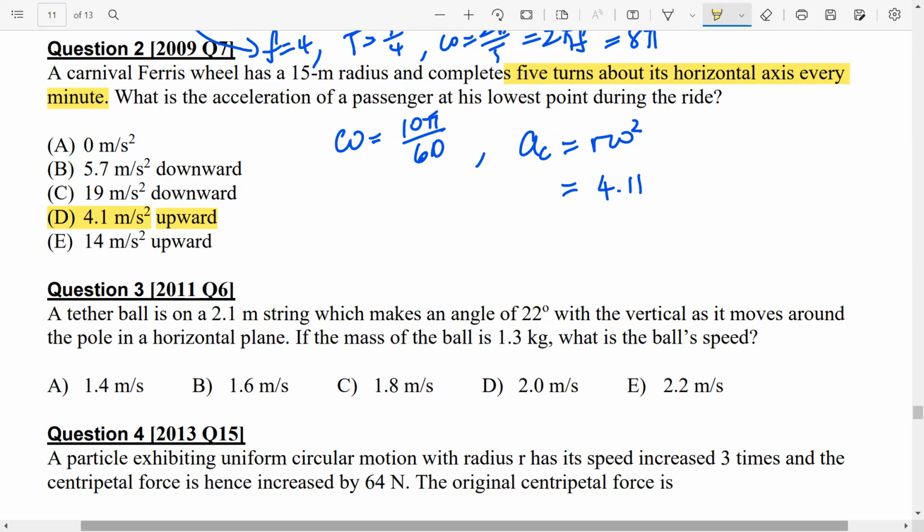This is a uniform circular motion, so we don't really need to consider much. So you just take r omega squared, pretty straightforward. Now you can try question 3.